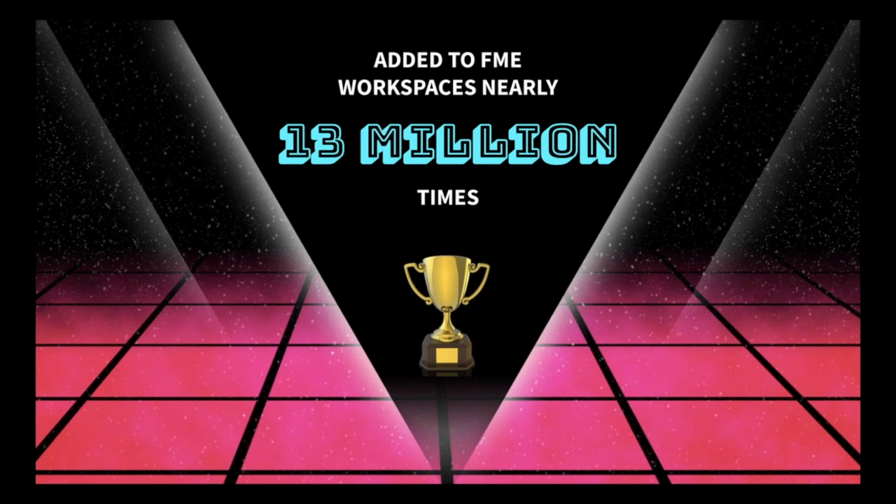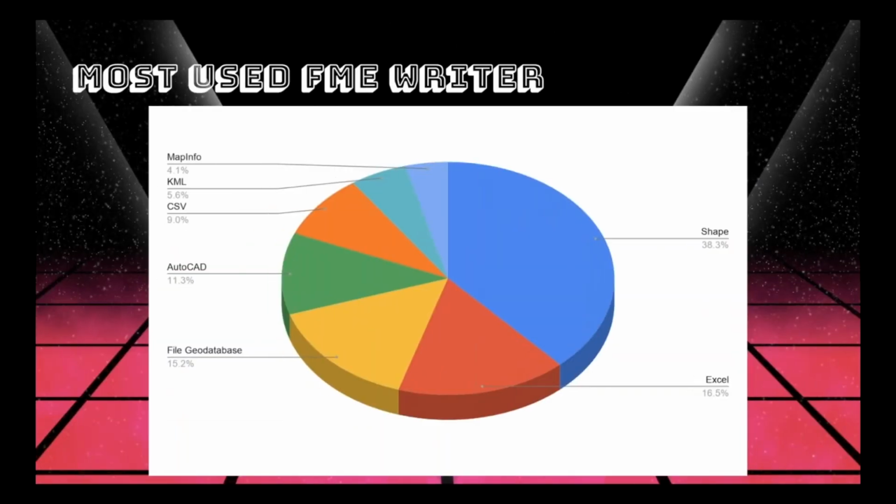But you add all that in, and from the folks that give us usage stats, Shape has been added more than 13, or close to 13 million times. That's a lot of times. Don, you must feel pretty good having written some software that's been used that much. Pretty amazing. The most used writer in FME is the Shape. We hinted at that, weighing in at 38%.